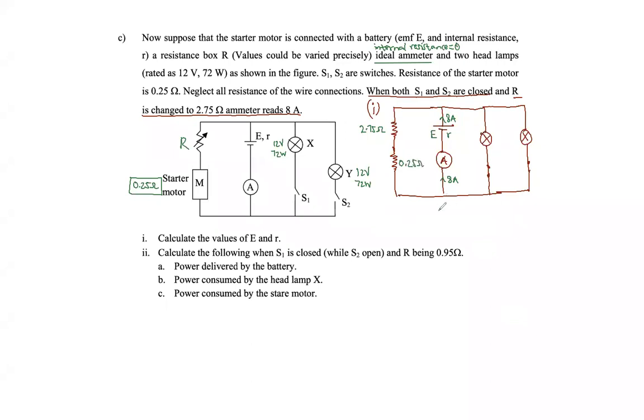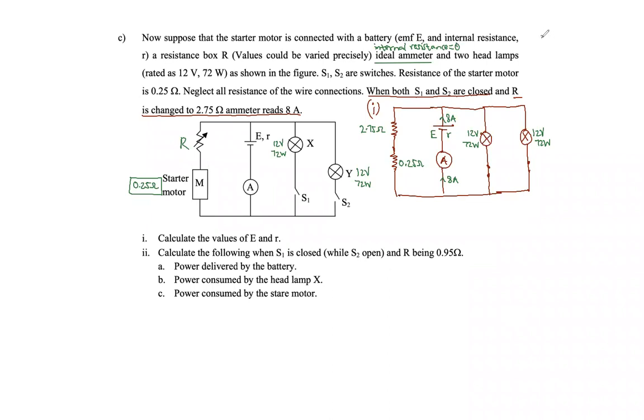And this one is 0.25 ohm. So this bulb is 12 volt and 72 watt. So what can we do now? How are we going to approach this question? Should we take the voltage across this as 12, or should we do it normally?